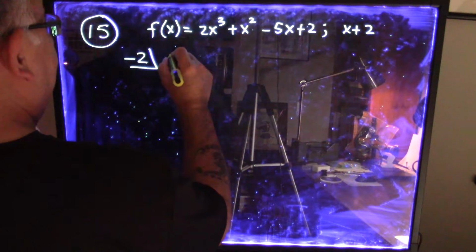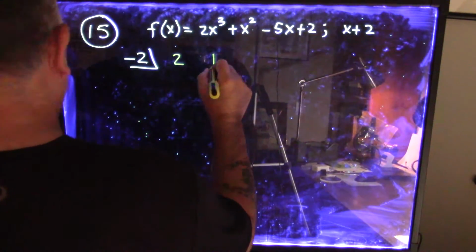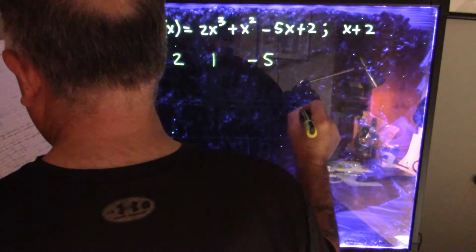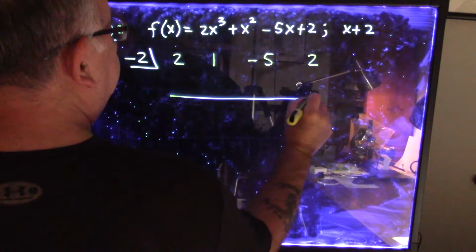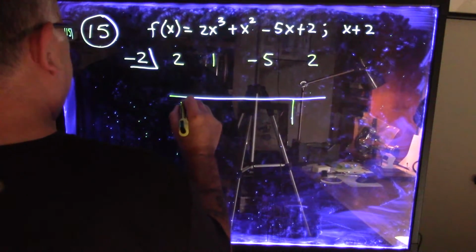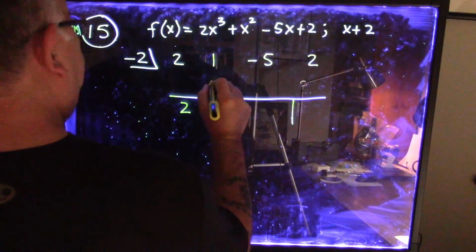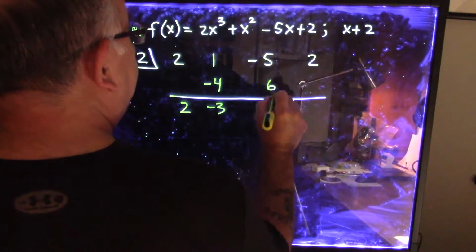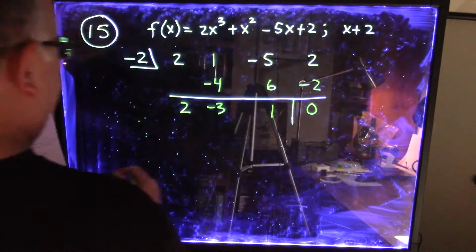But it does work. So if your math is correct, you should get a 0 remainder out of this. So we've got negative 4 up here, that's negative 3, positive 6, 1, negative 2. So there's our 0 remainder that we expected.